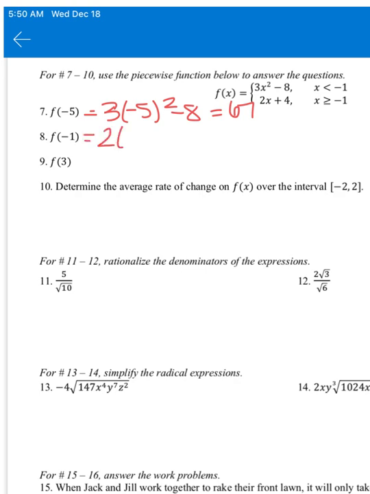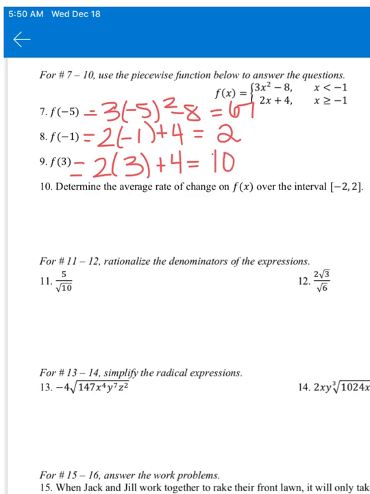So I would do 2 times negative 1 plus 4, which gives me 2. And then number 9, for f of 3, that falls into the x is greater than or equal to negative 1 domain. So I would do 2 times 3 plus 4, which is 10.